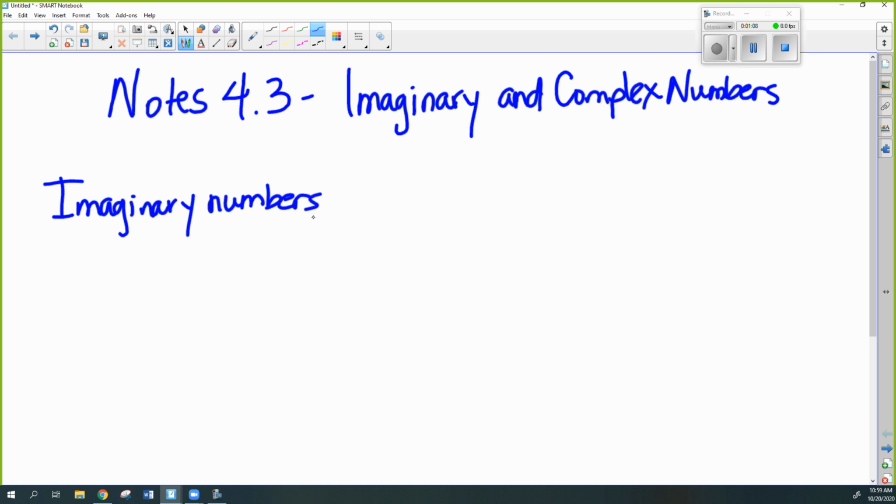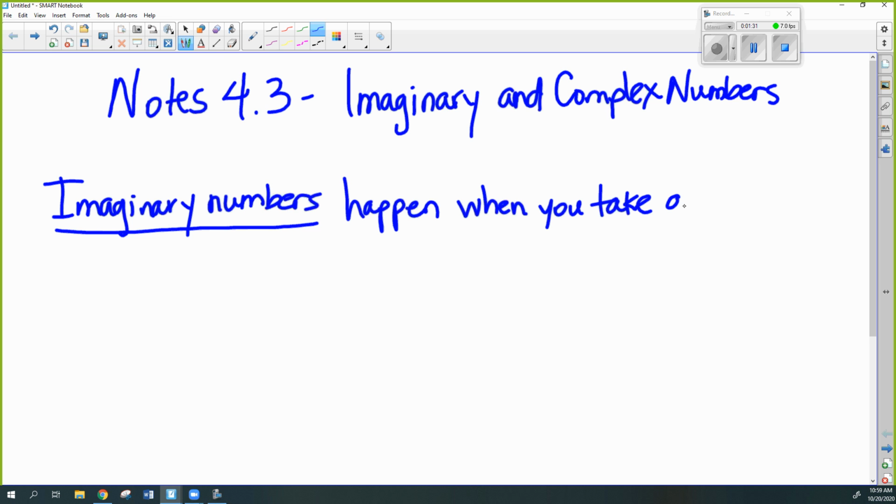Okay, that's not what imaginary numbers are. They're not invisible. All right, you will actually see something that represents an imaginary number. So imaginary numbers happen when you take the square root, and I'm going to put in parentheses, or any even root.